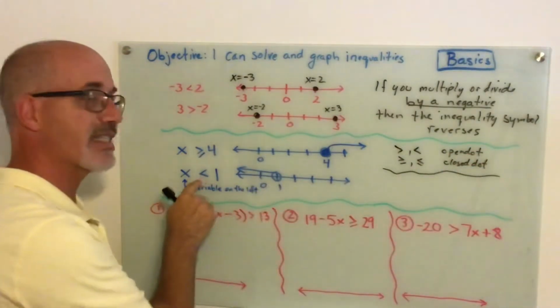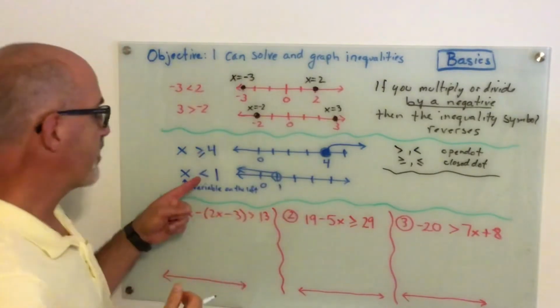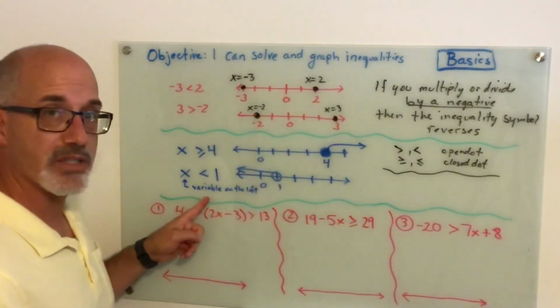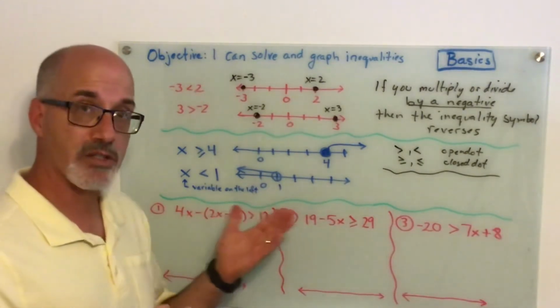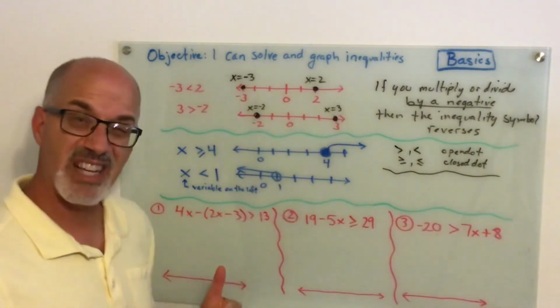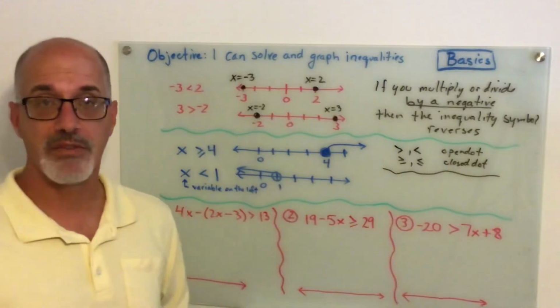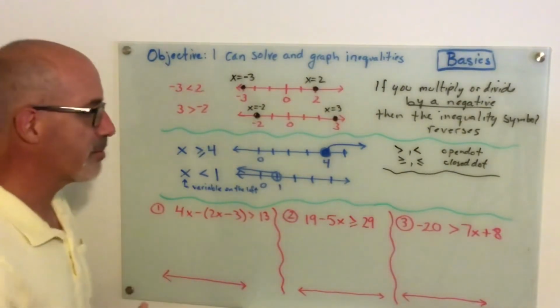If you've got a less than or a less than or equal to, you shade to the left. It follows the direction of the inequality symbol if the variable is on the left-hand side. Now, the variable could be on the right, and I'll show you an example of that down here. It's just a convention to always put the variable on the left so we can follow those types of rules.